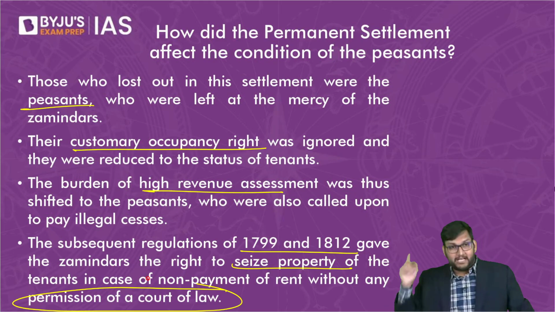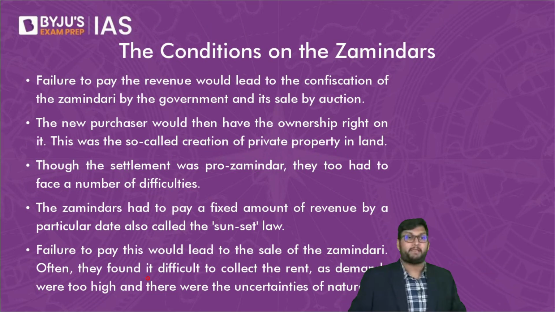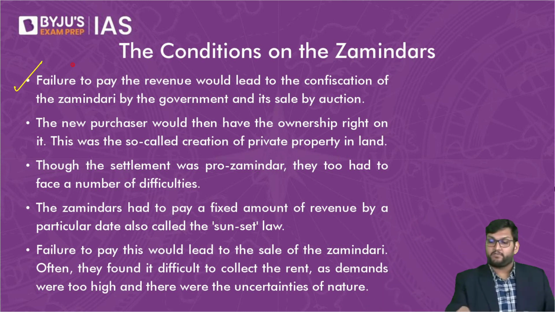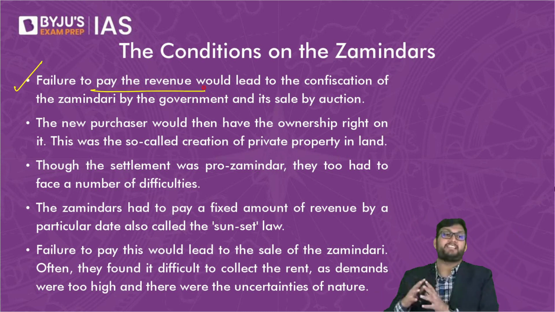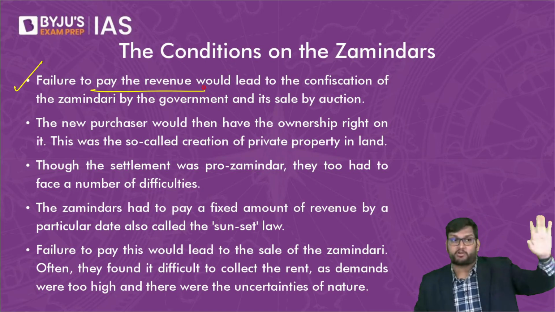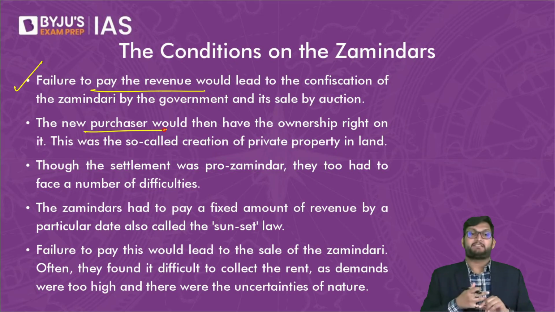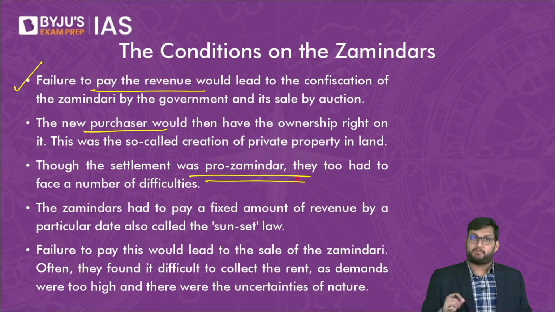And in the long run, the condition of zamindars also became problematic because failure of the payment would lead to the confiscation of the zamindari by the government and its sale in auction. The new purchaser would have the ownership right on it, and this is the so-called private property which they created. It is in principle pro zamindar.